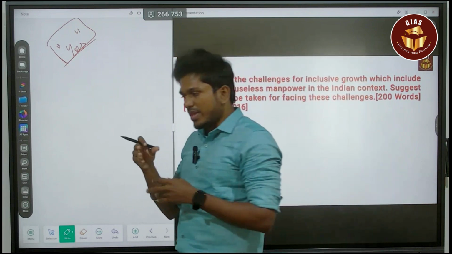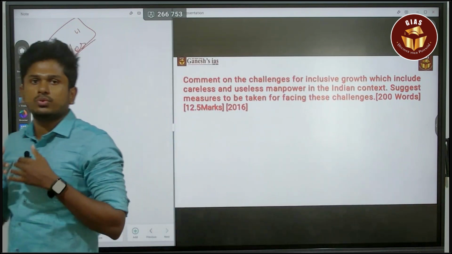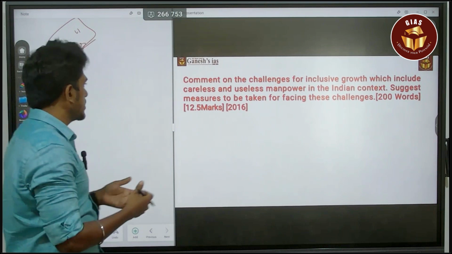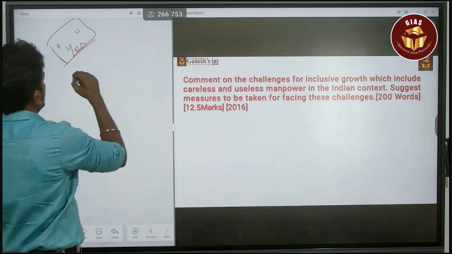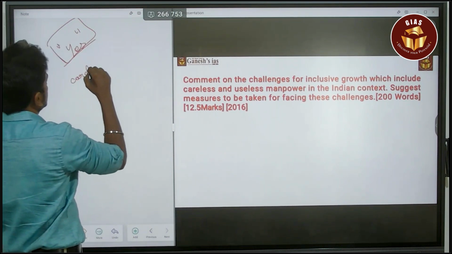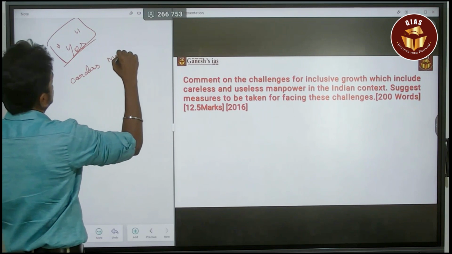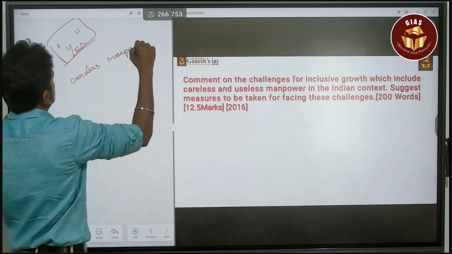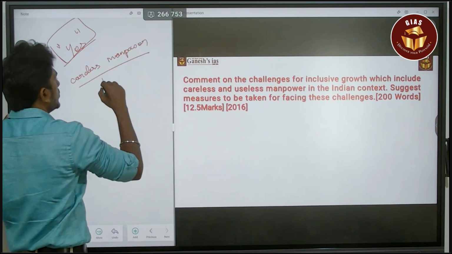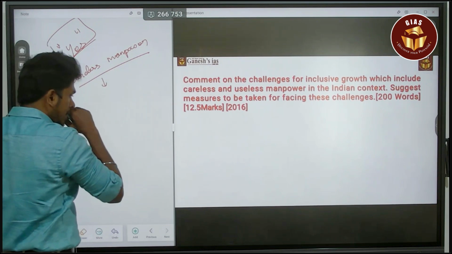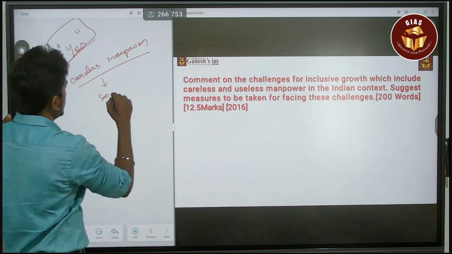In such a way, you have to make a statement and then give the answer. So, for example, in careless manpower, you can say about the issues related to social securities.